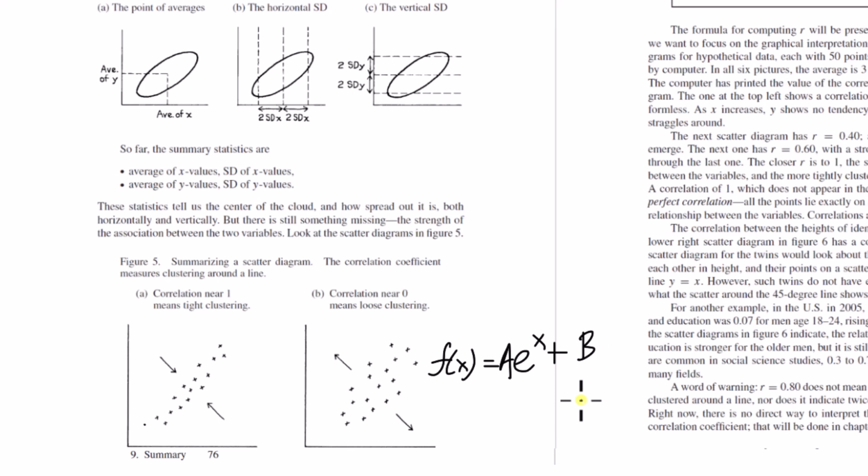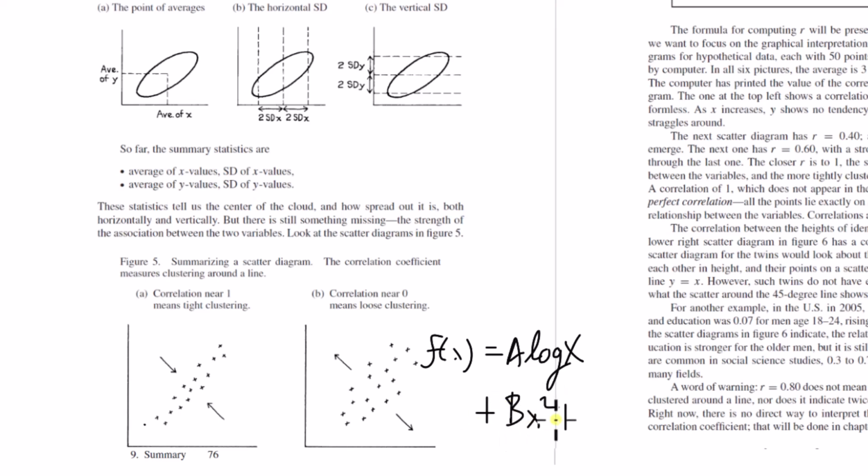So from that kind of perspective, it's hard to say what the association is in general, right? Because again, we could combine a logarithm, a log of x plus bx squared plus c e to the x. Maybe it follows this closely.